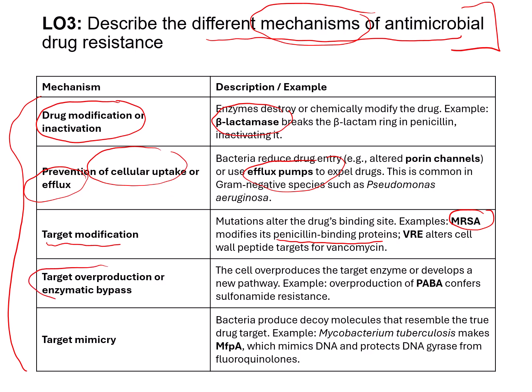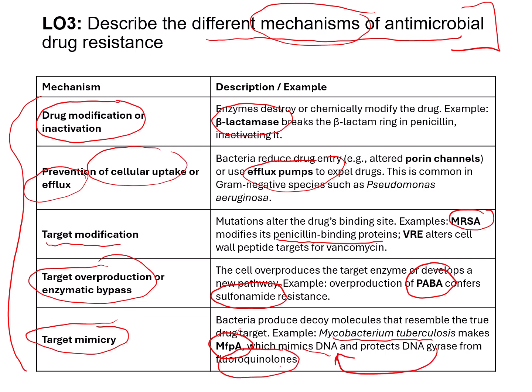Or other microbes can bypass that part of the metabolic pathway, such as microbes that can resist our sulfa drugs by overproducing PABA. Others can mimic some kind of our drug target. For example, we talked about Mycobacterium tuberculosis, which makes MfpA that looks like DNA, so DNA gyrase will bind to that and therefore prevent fluoroquinolones from binding to DNA gyrase.